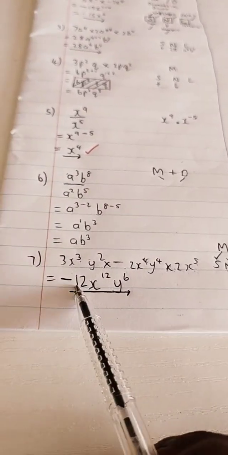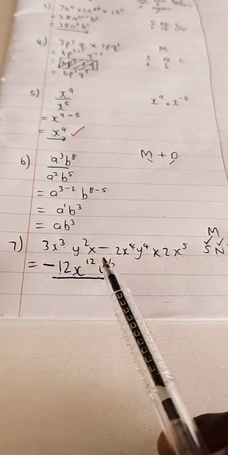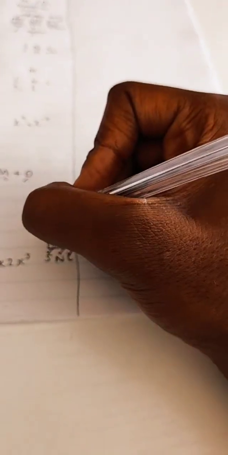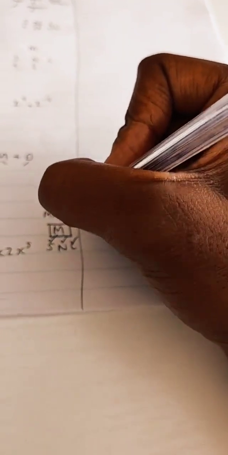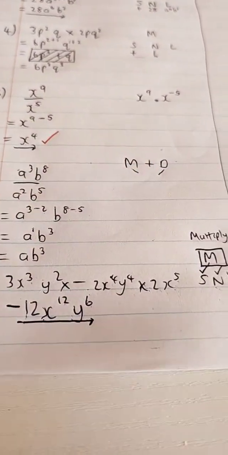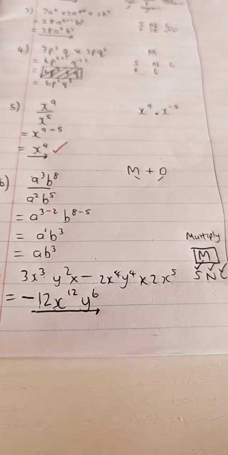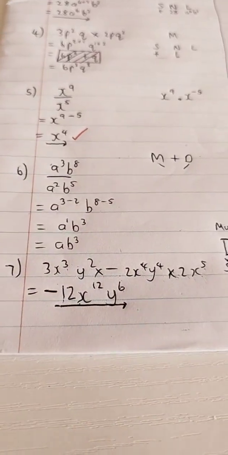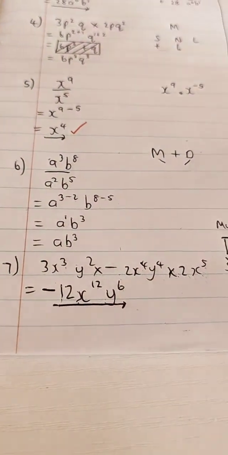The reason why negative 12x to the power 12, y to the power 6 is written as a combined thing is because the relationship that combines things is multiply. Multiply combines. Divide also combines. That's why I'm saying multiply and divide are the perfect condition for us to be able to apply the laws of exponents.